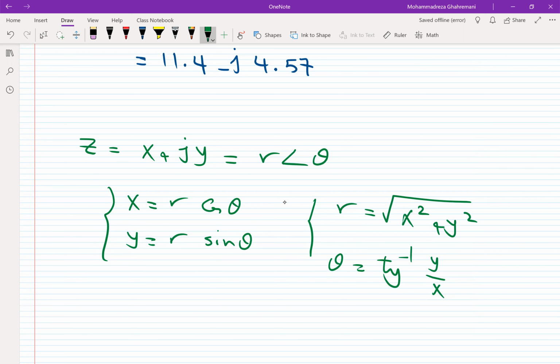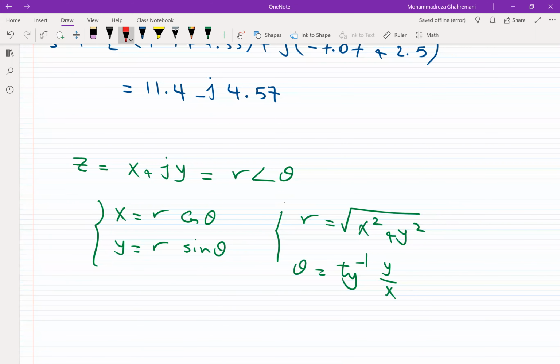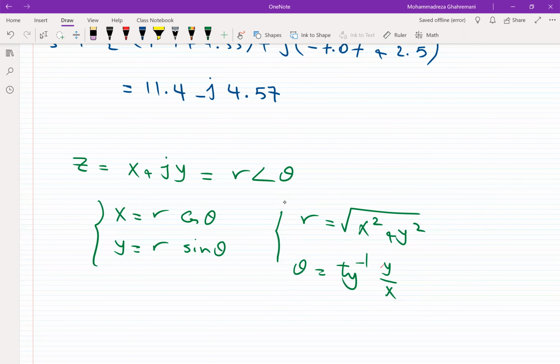Okay, so these are some rules, and now we use this one to find r and this one to find theta.